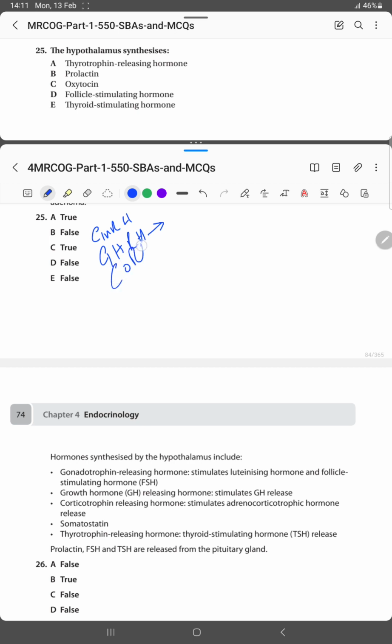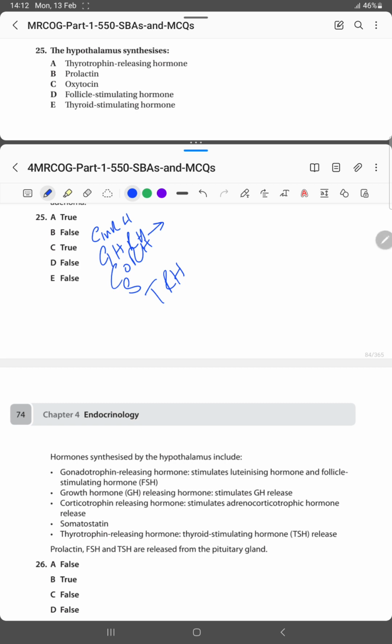Then corticotrophin releasing hormone stimulates adrenocorticotrophin hormone release, and then somatostatin, and thyrotrophin releasing hormone, which stimulates thyroid stimulating hormone, and it releases prolactin, FSH, and TSH from the anterior pituitary gland.